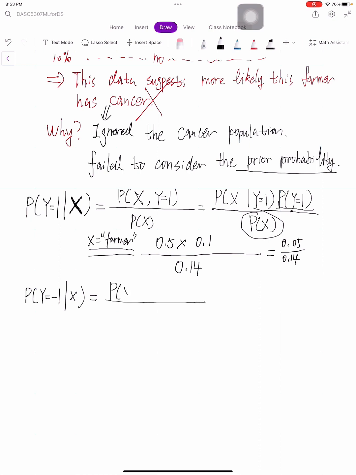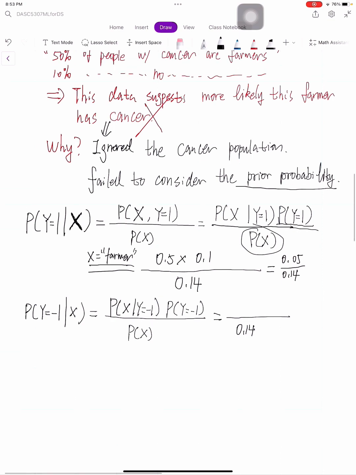On the other hand, we can also calculate the conditional probability of x given y equals -1 by using a similar formula. Now we condition on y equals -1, the patients without cancer. What's the probability he's a farmer, multiplied by the population without cancer, divided by the total probability he's a farmer? This equals 0.14 in the denominator.